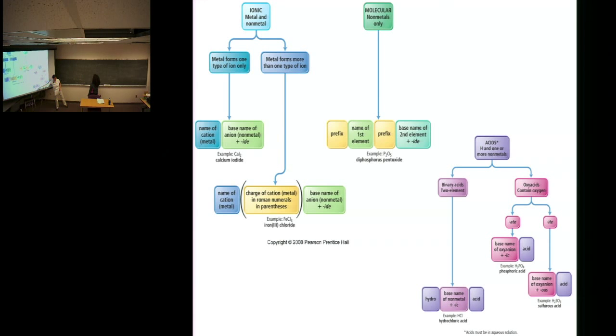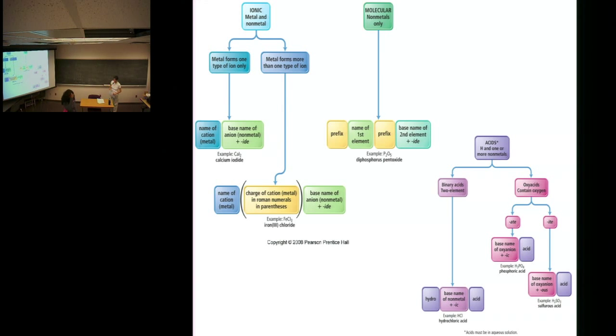Yeah? Okay. Does that make sense? You see how we did that? No hydro with it, because it's an oxyacid. You just say perchloric acid, that's it. Okay. Ate goes to ic. But you do have to know the polyatomic ion before you can do that. Okay. I see. Yeah? Thank you.